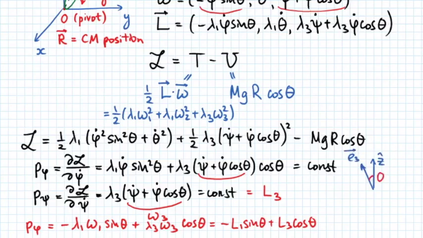the angle between them is theta, and unit vector E1, which is perpendicular to E3.